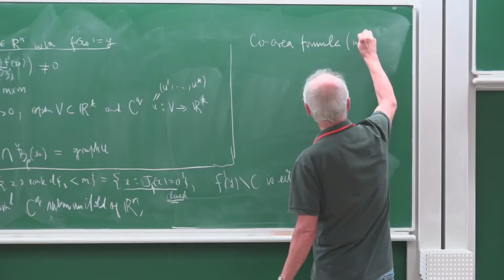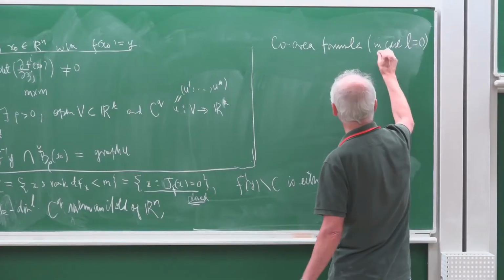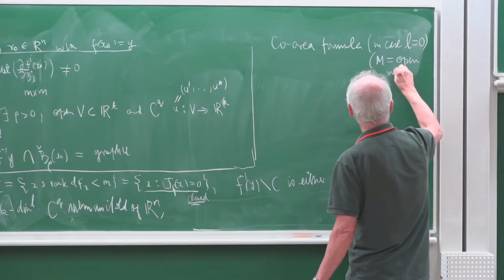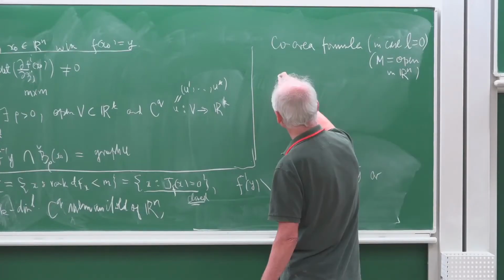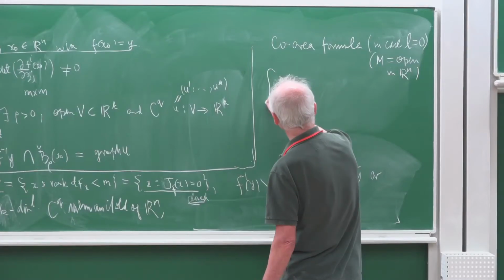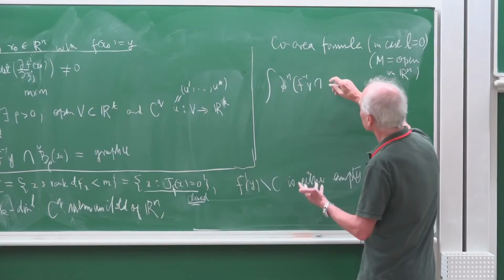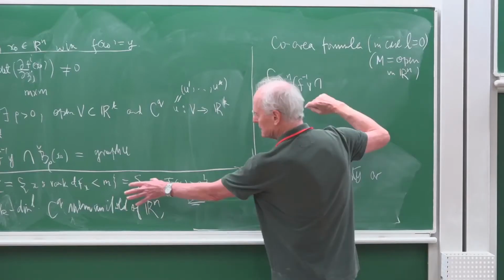So M is open in R^n. Then, according to the co-area formula, the Hausdorff measure, or integral, of f^-1(y) intersect A. Now, in this case, let's apply the co-area formula to this critical set, C. It's the set of points where the rank is less than n. So let's apply it to that.